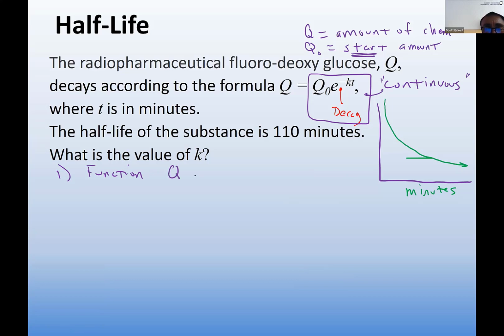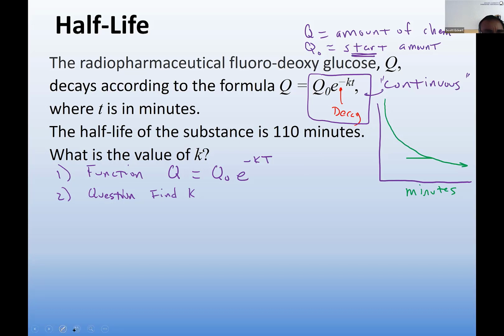So we're going to use Q equals Q naught times e to the negative KT. And we have a question here. Our question is to find K. Now, K is in the place normally when we do exponential decay that's continuous.